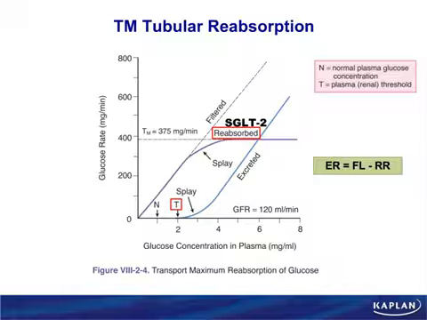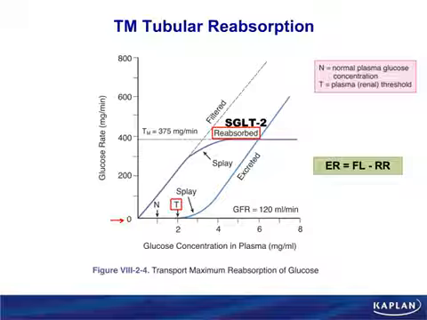Notice before T, what is the excretion rate? It is 0. Because before T, before the renal threshold, all of the glucose that is filtered is reabsorbed, and the excretion rate is equal to 0. Once you hit the renal threshold, you start to saturate the very first SGLT2 carrier. Once that happens, you start to have an excretion rate.